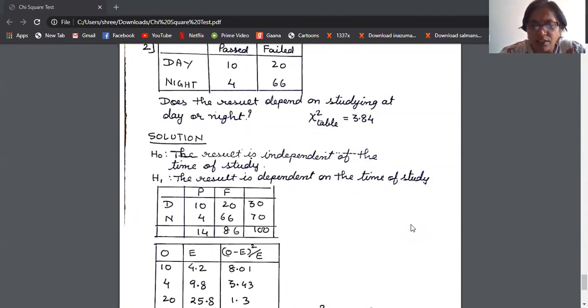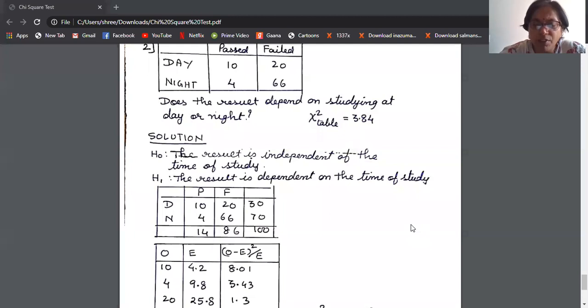Yes, Usha, now that's right. Someone has got 13.29. Yes, that can be wrong because it depends. You may lose some marks on that. Sejal, did you get how to find 4.2? No, grand total is 100.